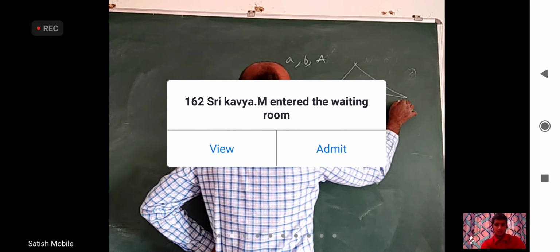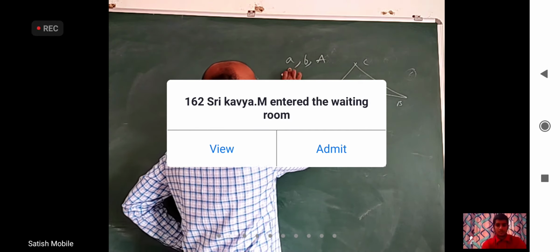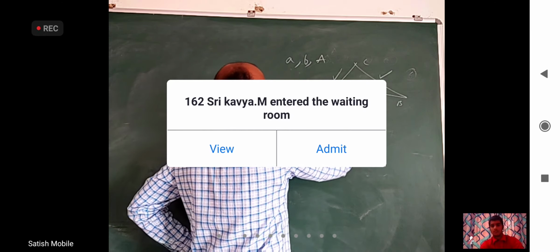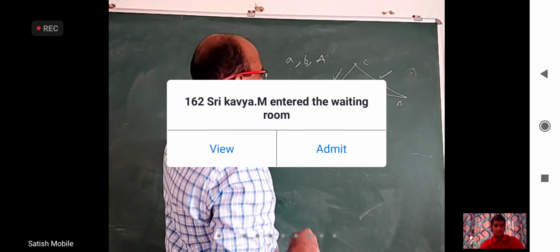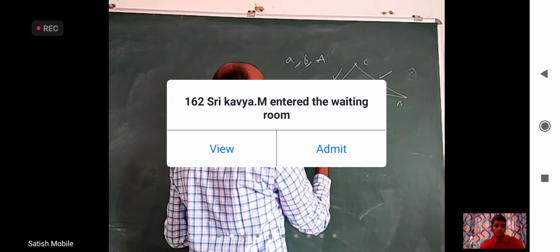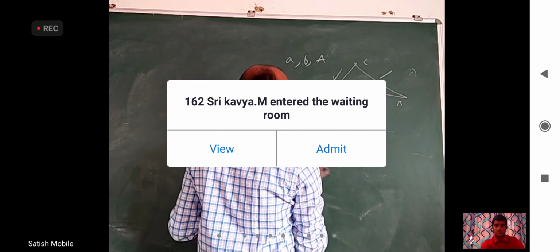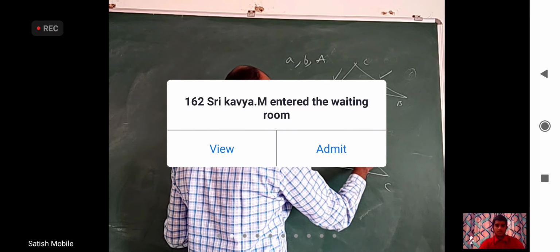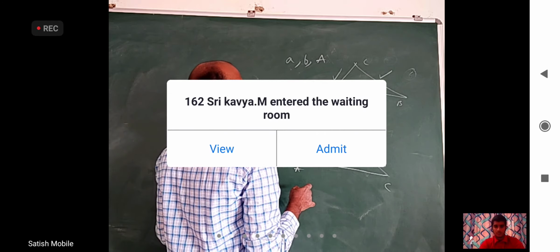A, which is given, I'll draw first anyway. What is small a? This one is given. Small b is this one. Angle A is this. So I have to rotate this now. I have to draw like this. A, C here, B here. Yeah, this is B.